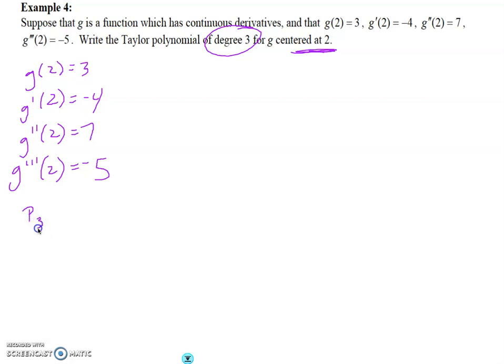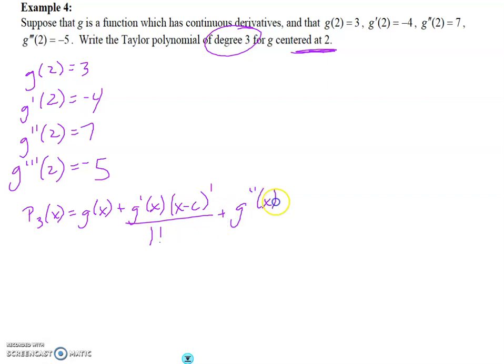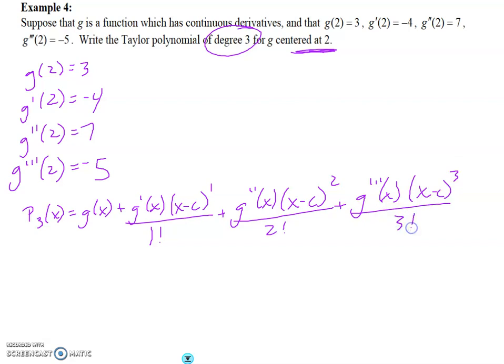And so the third degree polynomial here using g of x would be g of x plus g prime of x times x minus c to the first over 1 factorial, plus g double prime of x times x minus c squared over 2 factorial, plus g triple prime of x times x minus c to the third over 3 factorial.